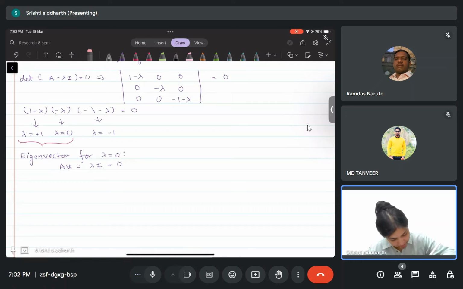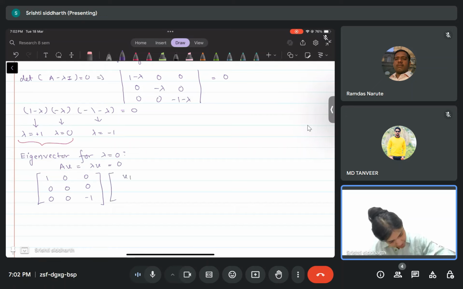So A is 1, 0, 0; 0, 0, 0; 0, 0, minus 1, and then we have some eigenvector v1, v2, v3.